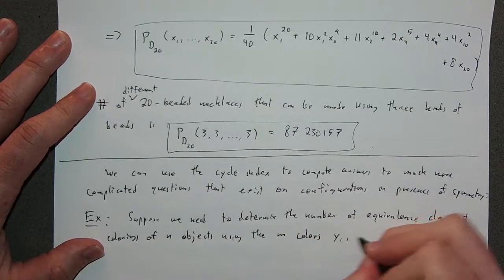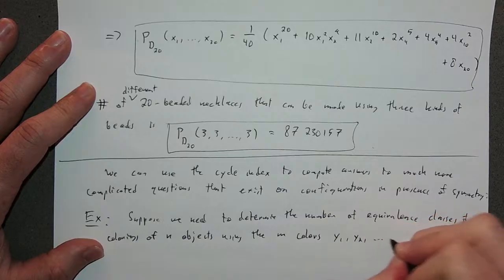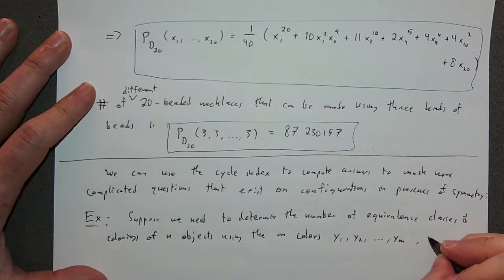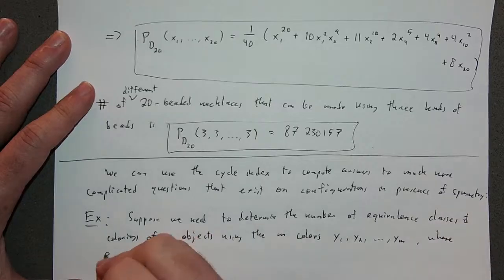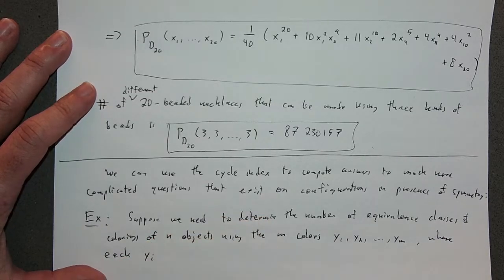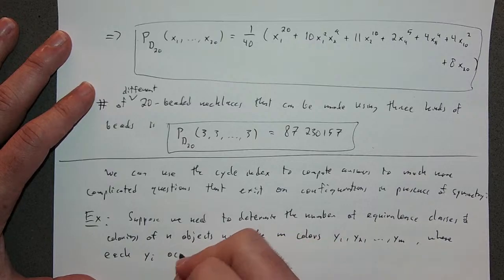We'll call them y1, y2, out to ym, where each color, y sub i, occurs a prescribed number of times.